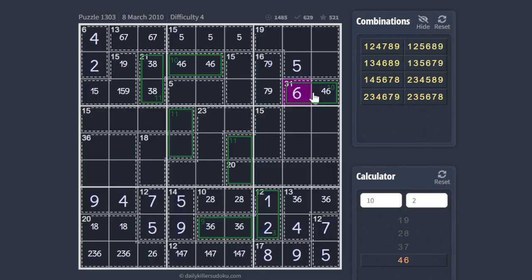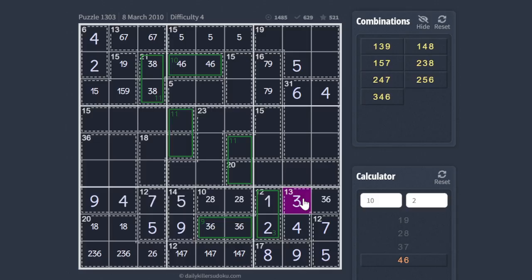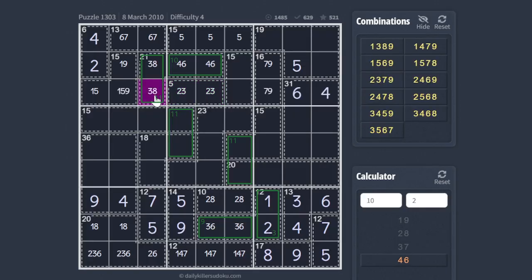This is a 6 and this is a 4, and this becomes a 3 and this becomes a 6. So back up here, the 4 and the 4 here force this to be a 2, 3 combination, which helps us resolve this to an 8 and that to a 3.